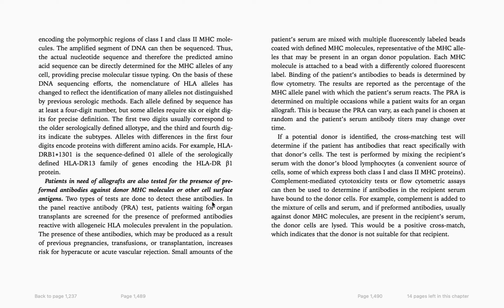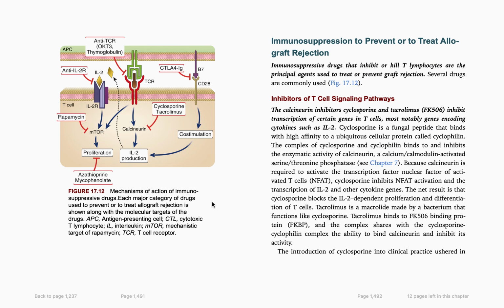Complement-mediated cytotoxicity testing or flow cytometric assays can then be used to determine if the antibodies in the recipient serum have bound to the donor cells. For example, complement is added to a mixture of cells and serum, and if preformed antibodies, usually against donor MHC molecules, are present in recipient serum, the donor cells are lysed. This will be a positive cross-match, which indicates that the donor is not suitable for the recipient.